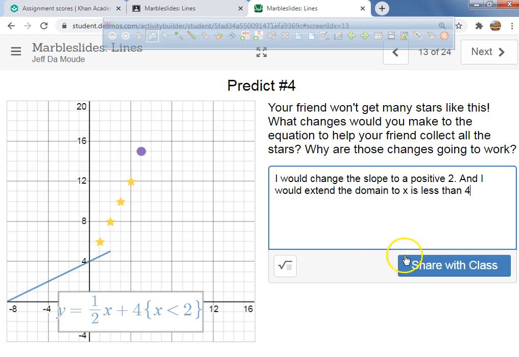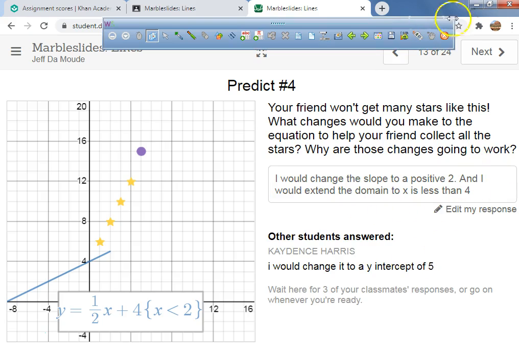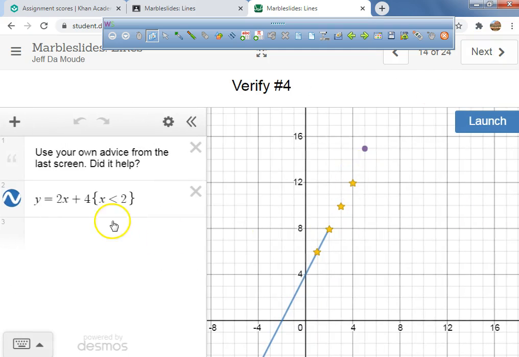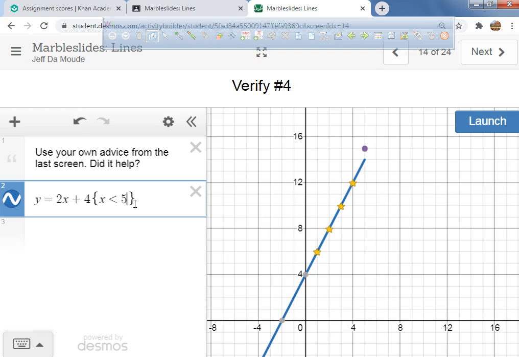I forgot to do that. Oh well. All right, so put x is less than 4. Oh wait, not 4. That's not far enough. 5. Let's do 5. Error.